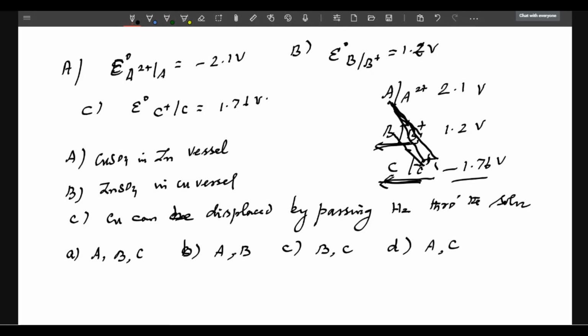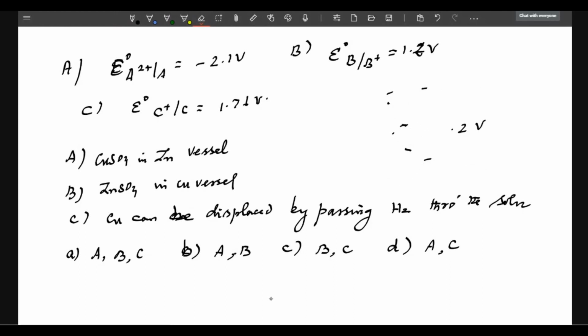For this, you need the electrode potential. Which electrode potential do you need? Here, the zinc electrode potential I need. Copper sulfate is also given, therefore I need this. And copper can be displaced by passing hydrogen, so that electrode potential is also required.